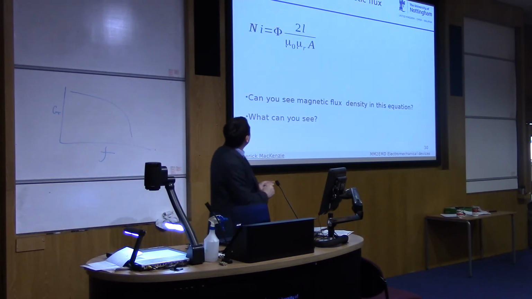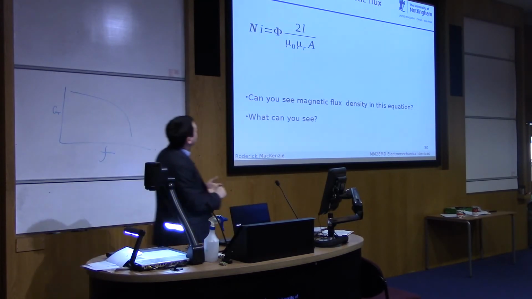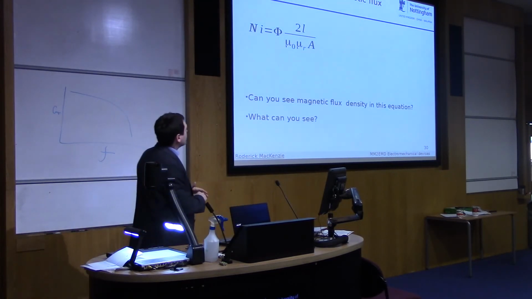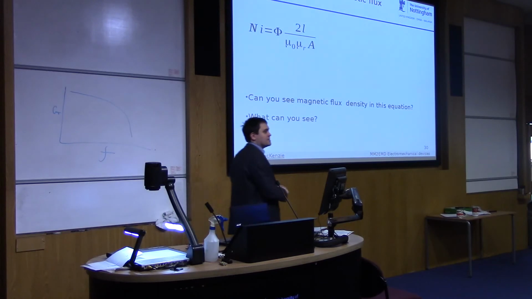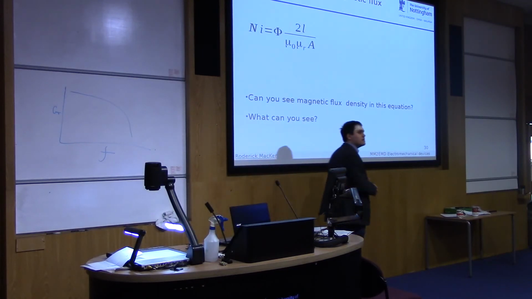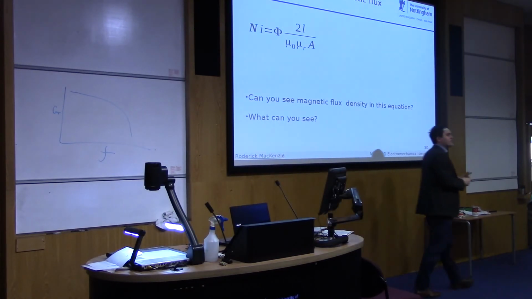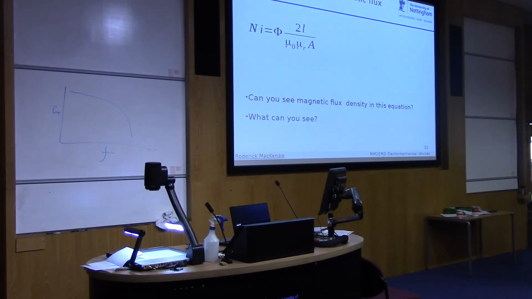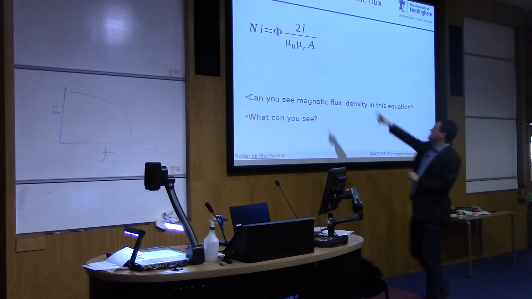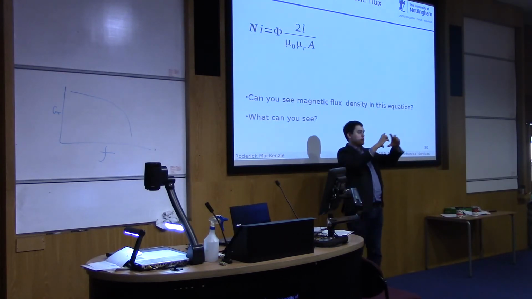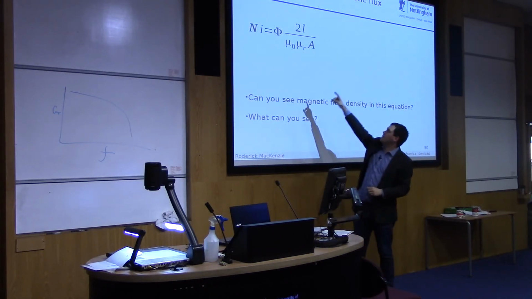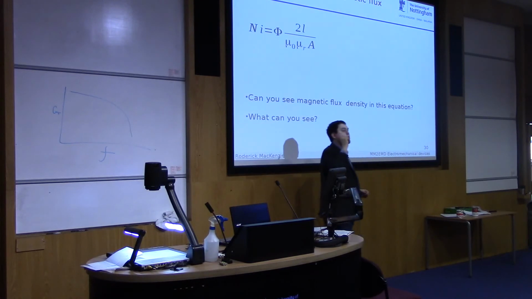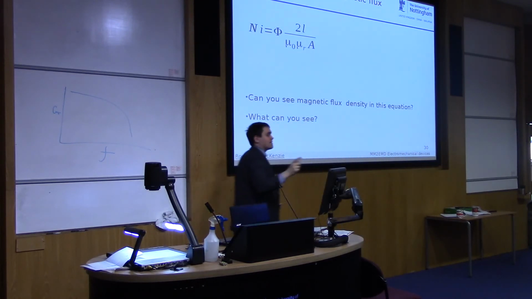Okay, so Arthur's first question was, calculate the magnetic flux density. Now, can you see the magnetic flux density in this equation? Have a look, have a stare. You don't have to shout out. No. So the answer is no, you can't see it. But what we can see is A, which is the area of our circuit, and phi, which is the magnetic flux, not the flux density.